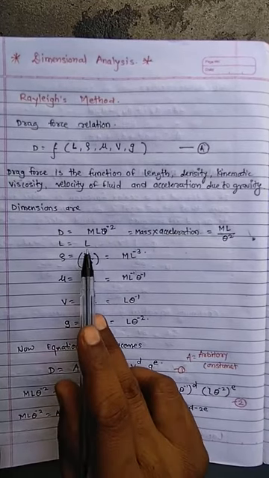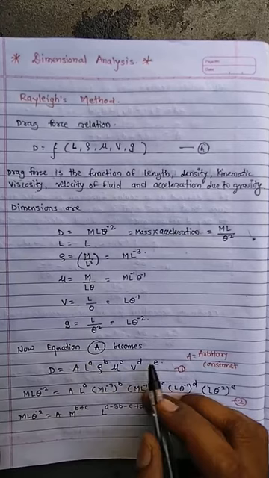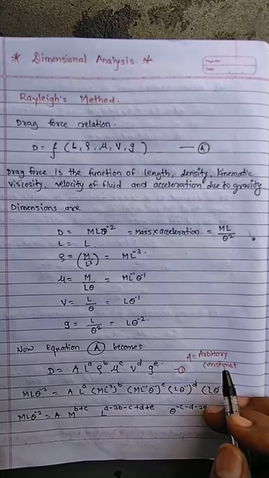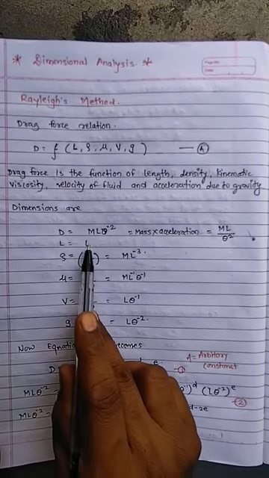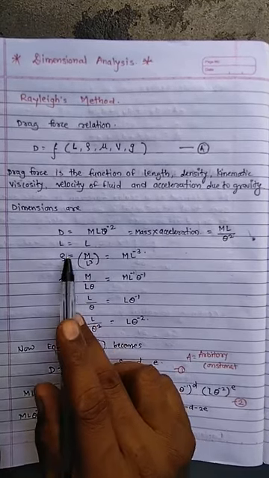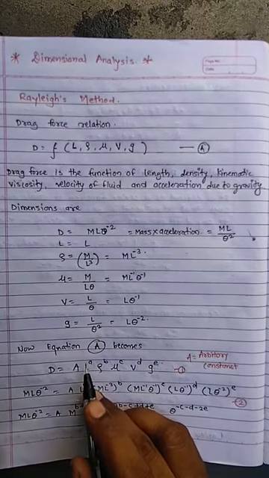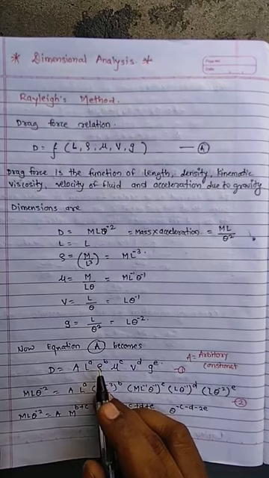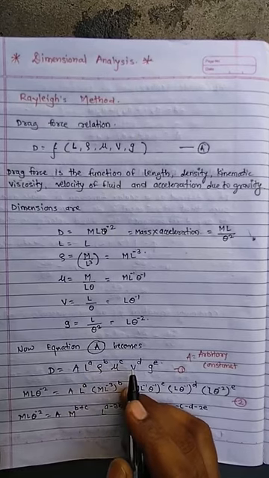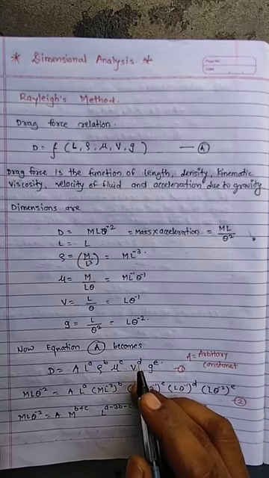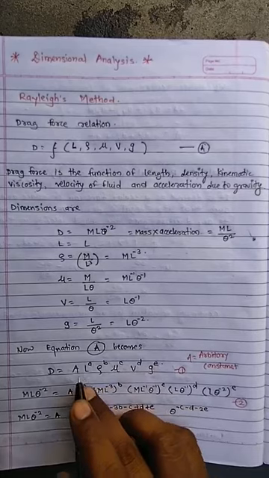Here A is an arbitrary constant, and for each term we have given a specific index. For L we have the index a, so L raised to a, density rho raised to b, kinematic viscosity mu raised to c, velocity v raised to d, and acceleration due to gravity g raised to e. So this is our equation 1.